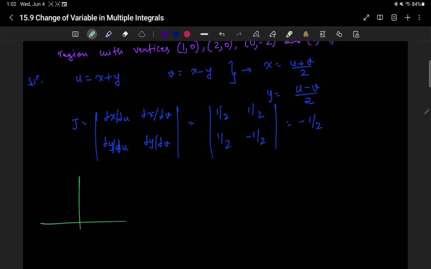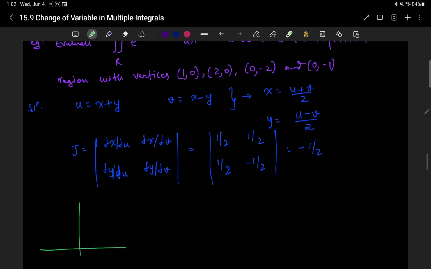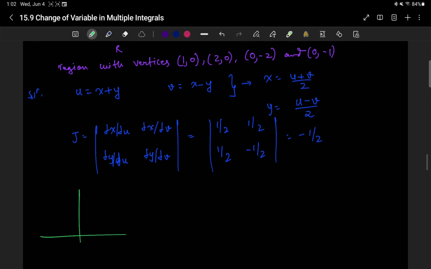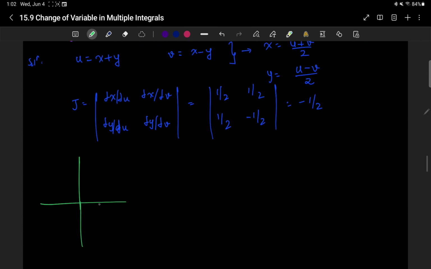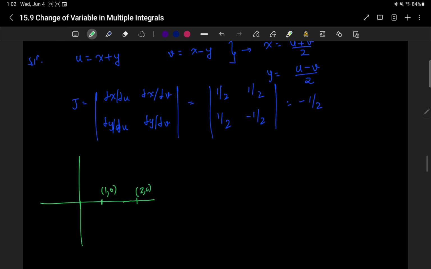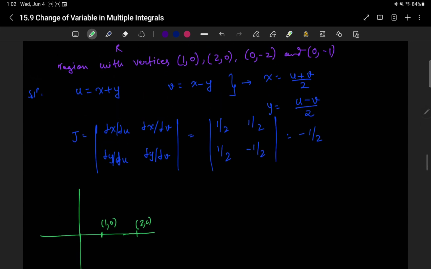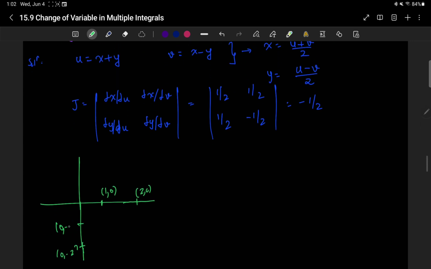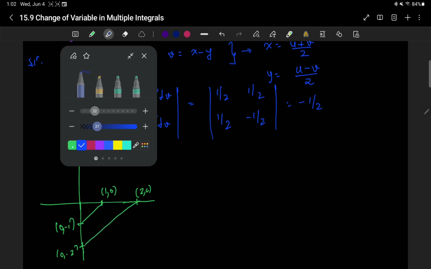The original space we have is a trapezoid going from (1, 0) to (2, 0) to (0, -2) to (0, -1). So it is this trapezoid shape here.